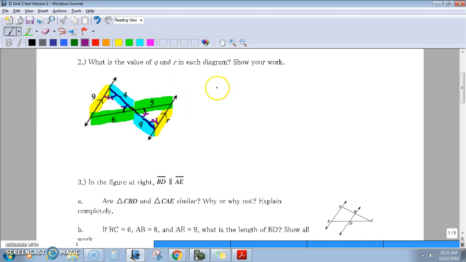We know 6 over 5 is equal to, and since I started with this triangle here, I need to start with it here, 4 over Q, and that's the proportion I'm going to use to solve for Q. And we also know 6 over 5 again, since I have both of those numbers, is equal to, and since I used 6 first on the numerator, I'm going to put 9 on the numerator, 9 over R.